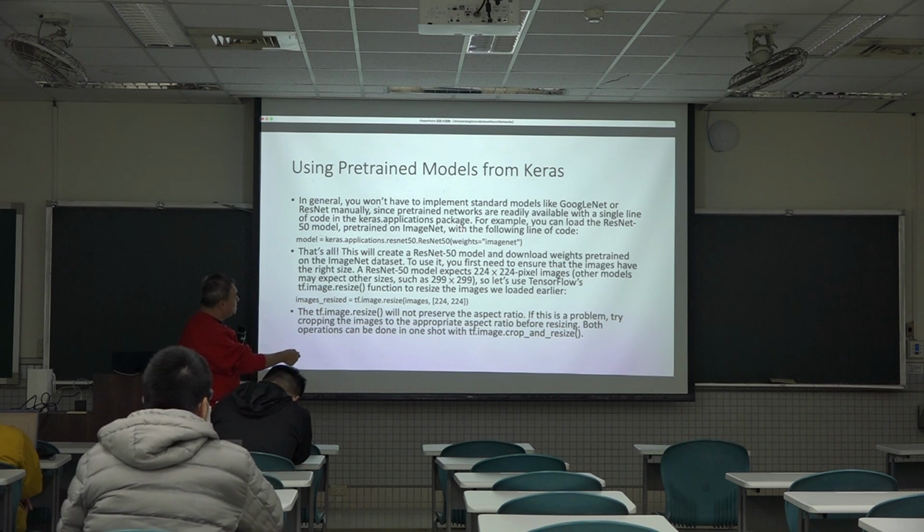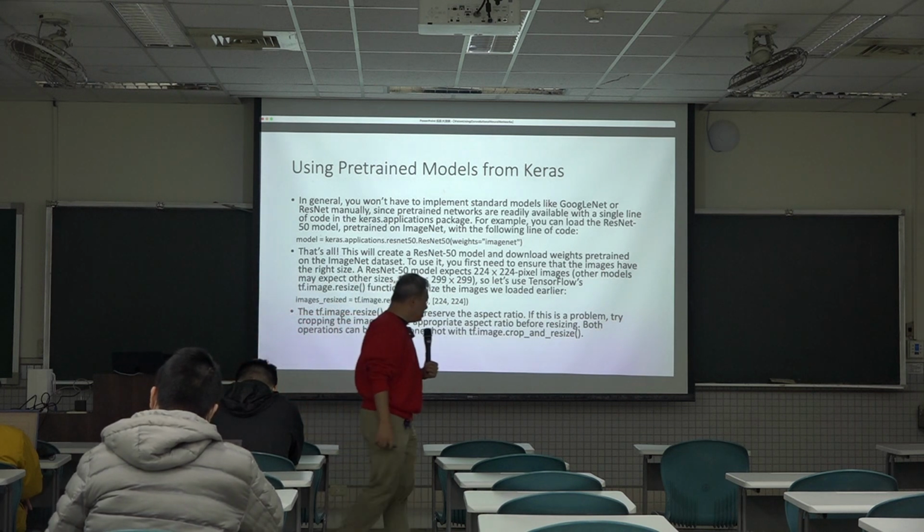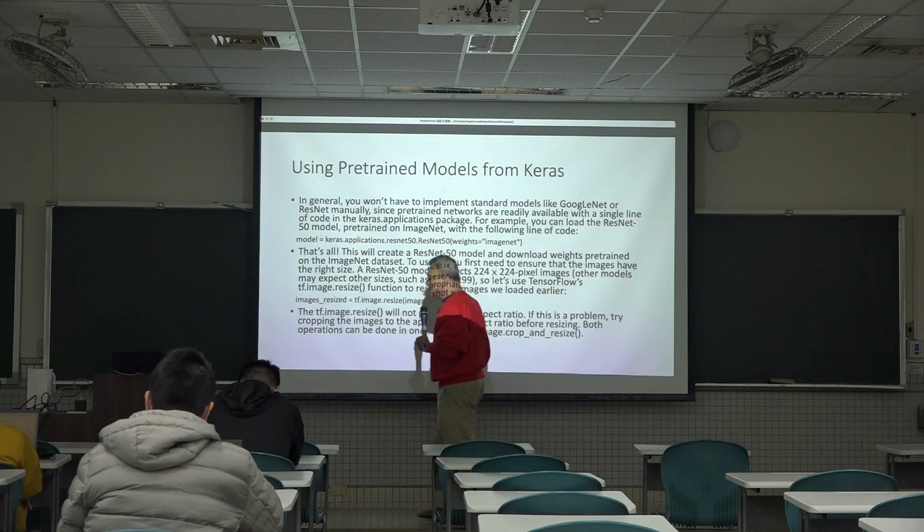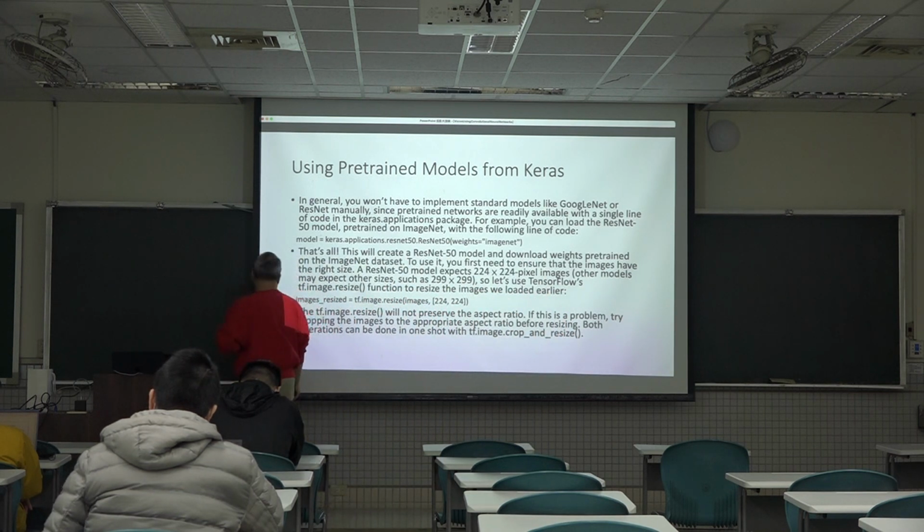If you specify weights equal to ImageNet, that means this model is pre-trained on ImageNet. There are other parameters you can set for this model as well. So that's it.